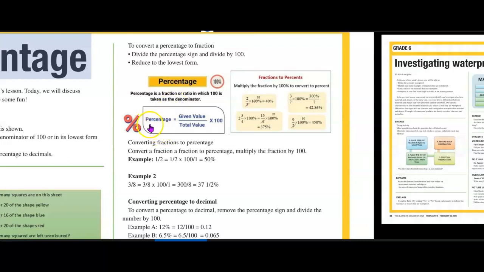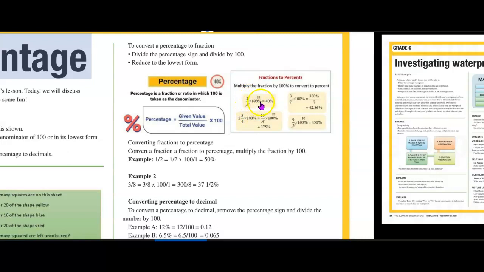So here, percentage is the given value over the total value multiplied by 100. We can go from fractions to percentages as well by saying, for example, 2/5 as a percentage.